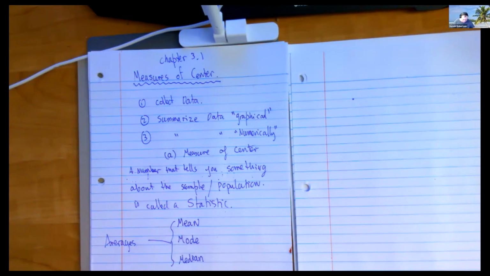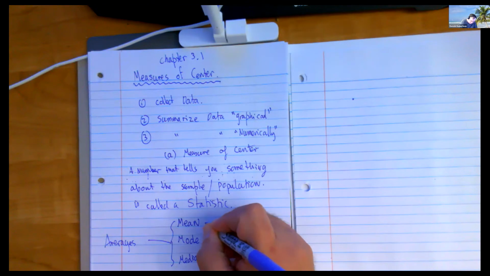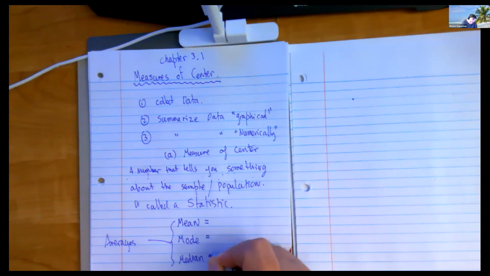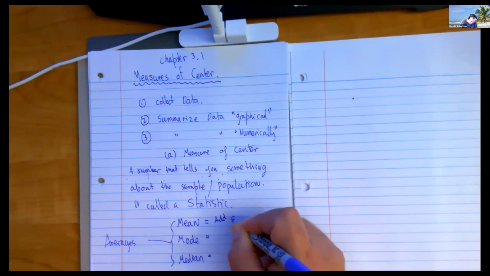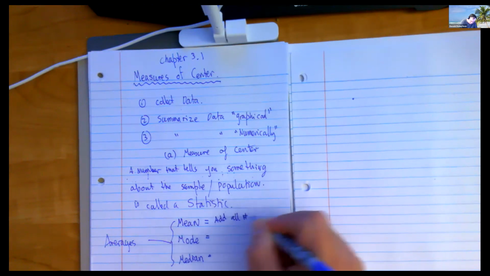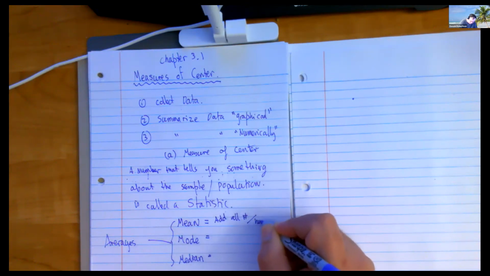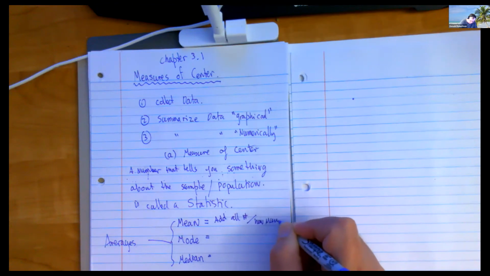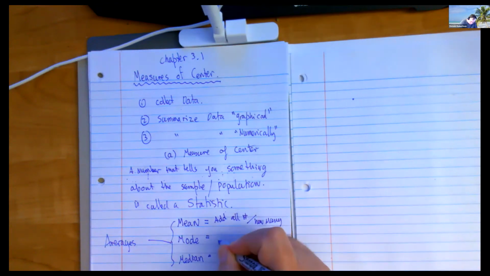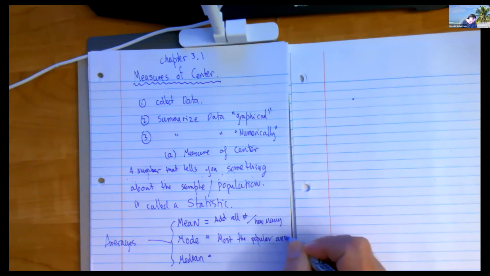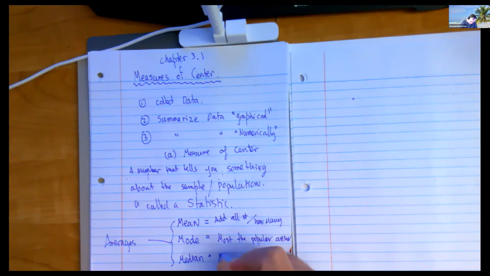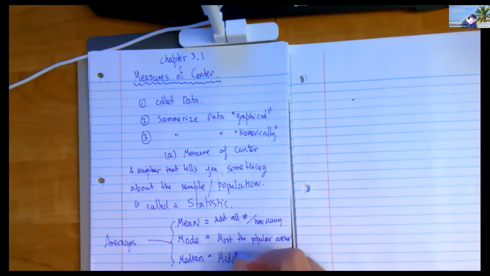But there are three kinds of averages. The mean is the one that most people know about. You add all the numbers, and then you divide by how many there are. The mode is the most popular answer. And then the median is the middle number.